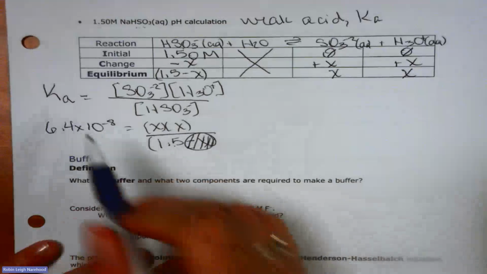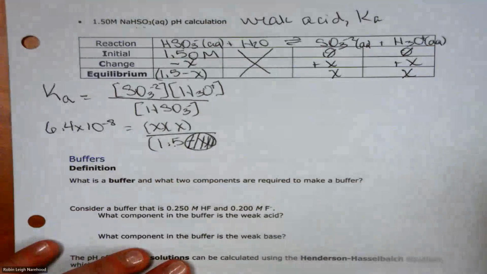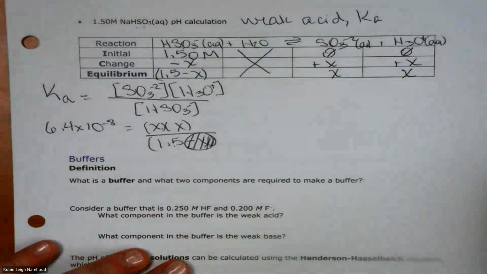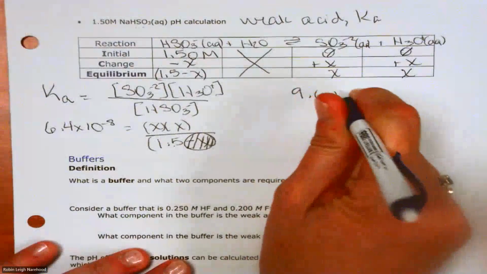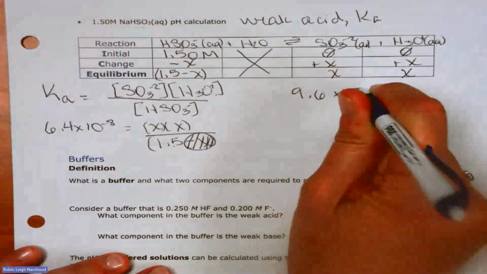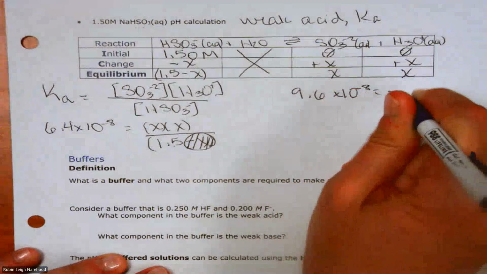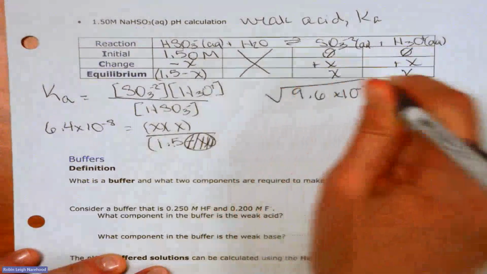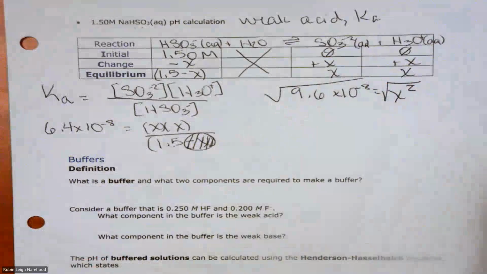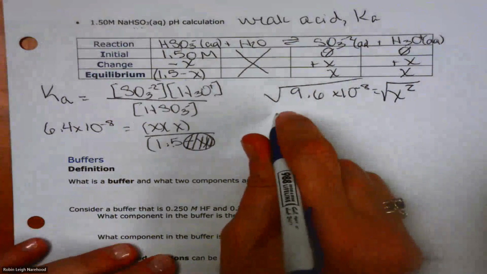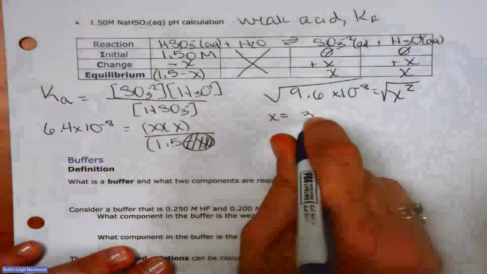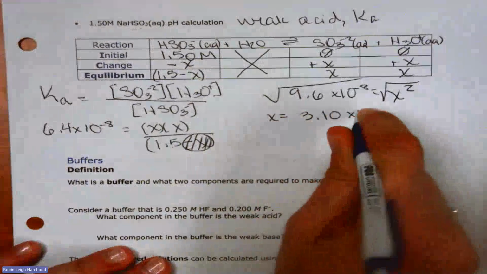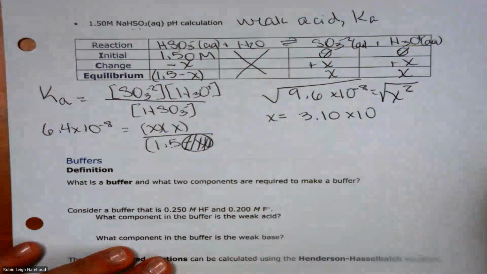So I'm going to multiply that by the constant. And that will equal X squared. And then we do the square root of both sides. So X is 3.10 times 10 to the -4.